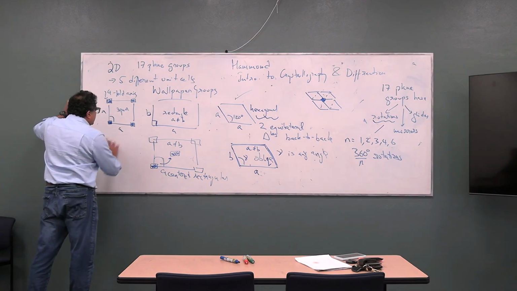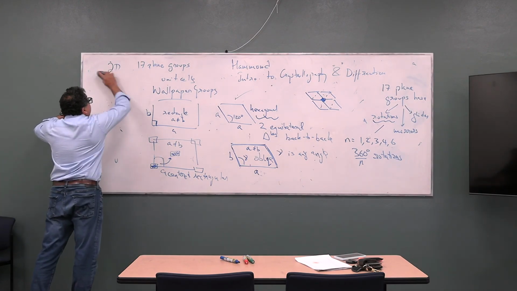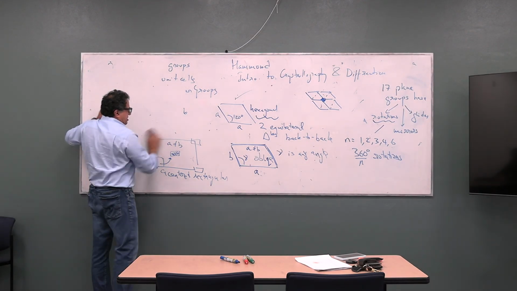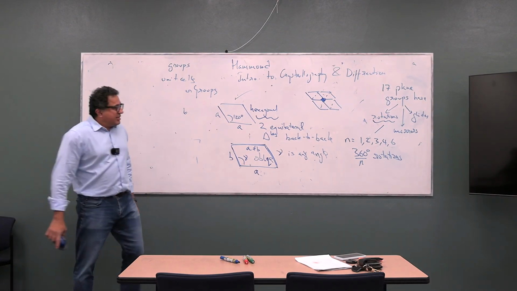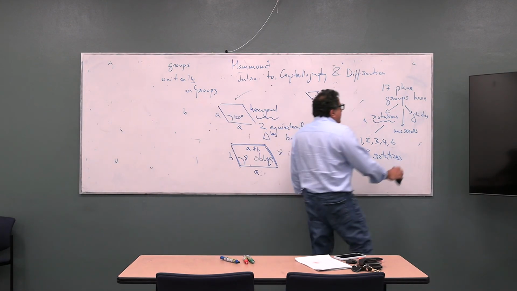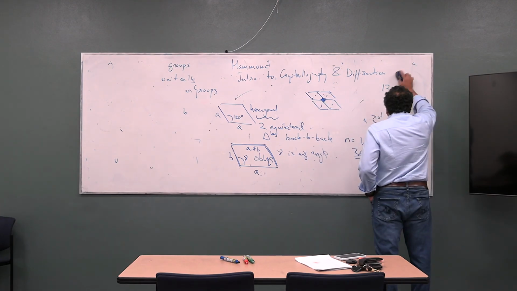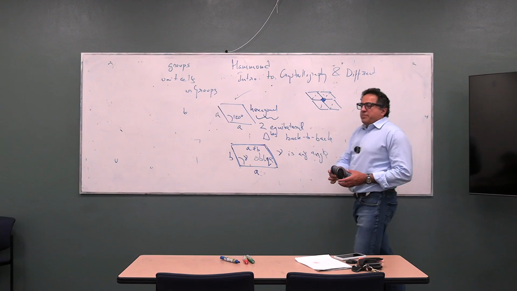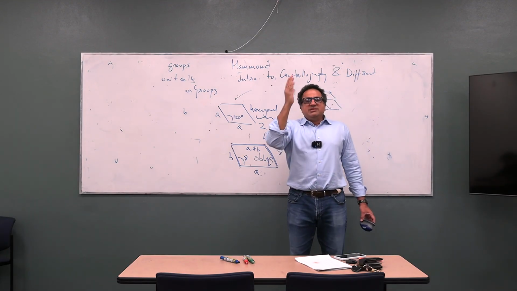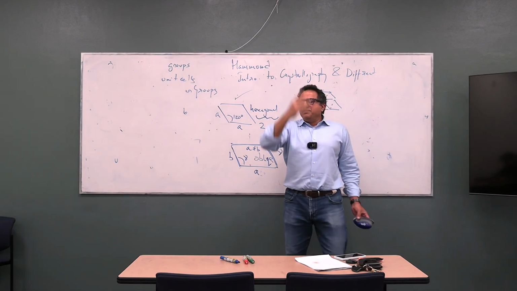Would any of you have a clue as to what this is? Screw, did you say screw? Yes, that's exactly correct. Screw axes only happen in 3 dimensions. And screw axes, as the name goes, is a symmetry operation that involves a translation and a rotation. Okay?